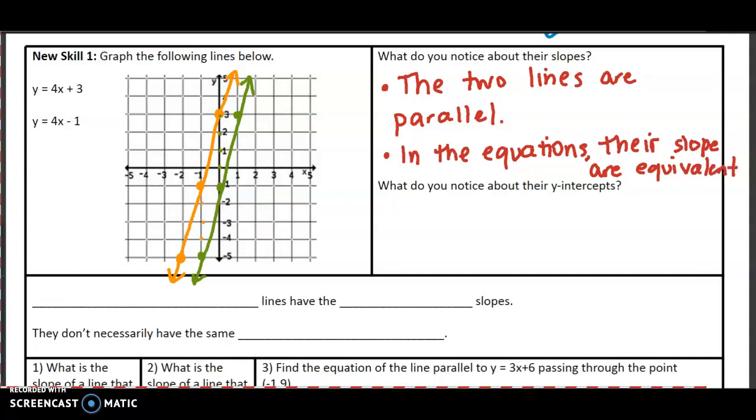Next, what do you notice about the y-intercepts? Well, the y-intercepts happen to be different.